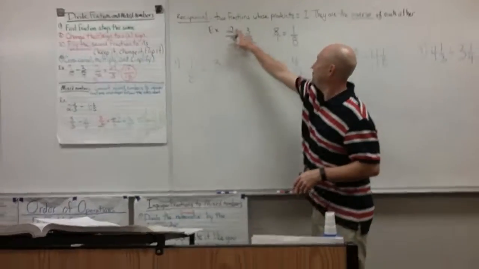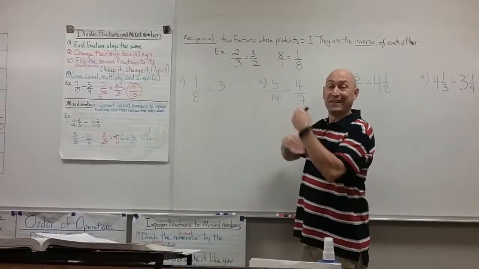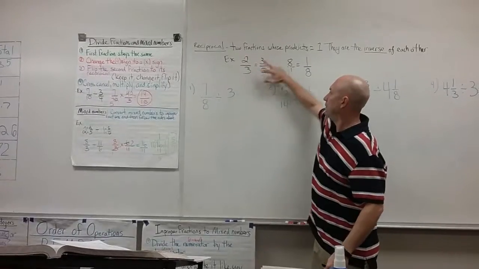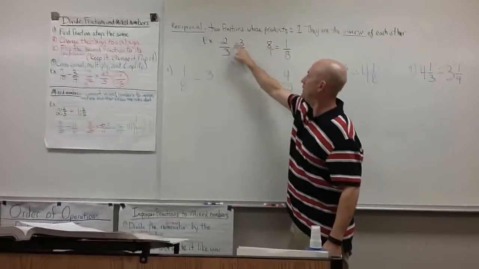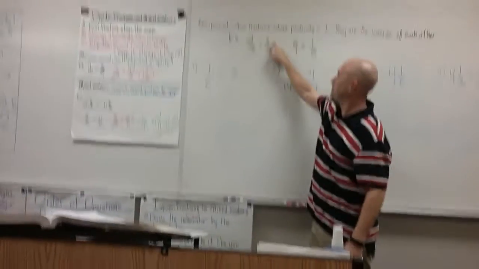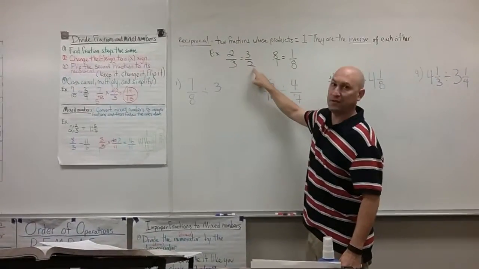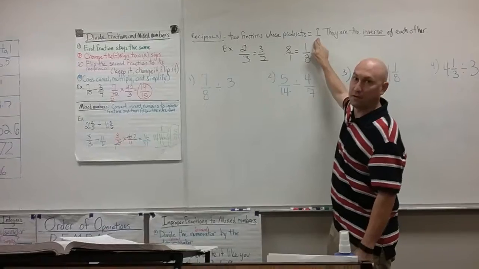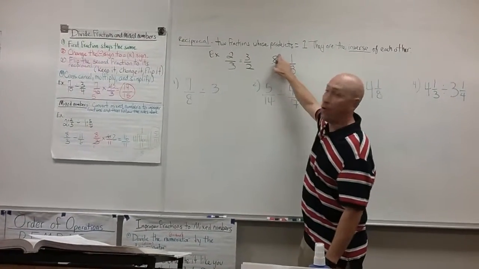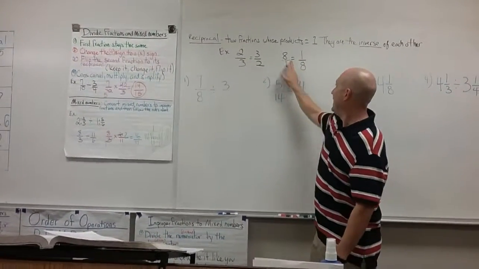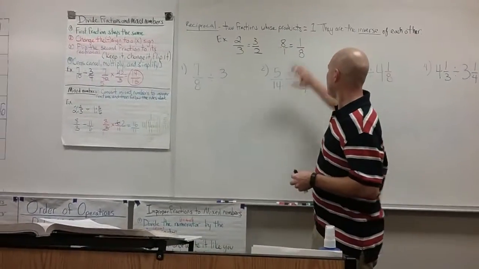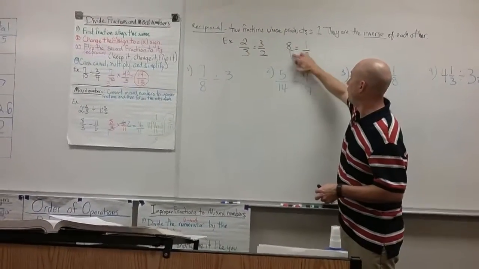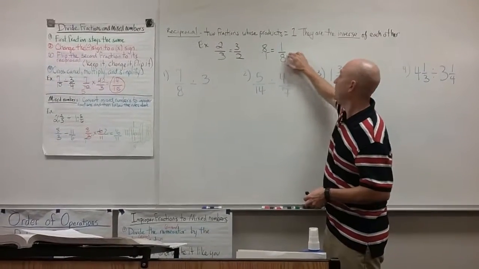So when we look at 2/3, the flip of 2/3 is 3/2. And if we were to multiply across, we would see that 2 times 3 is 6 and 3 times 2 is 6, therefore giving us a product of 1. If I take the whole number of 8 and I put it over 1, like we can do with any whole number, the reciprocal of 8/1 would be 1/8.